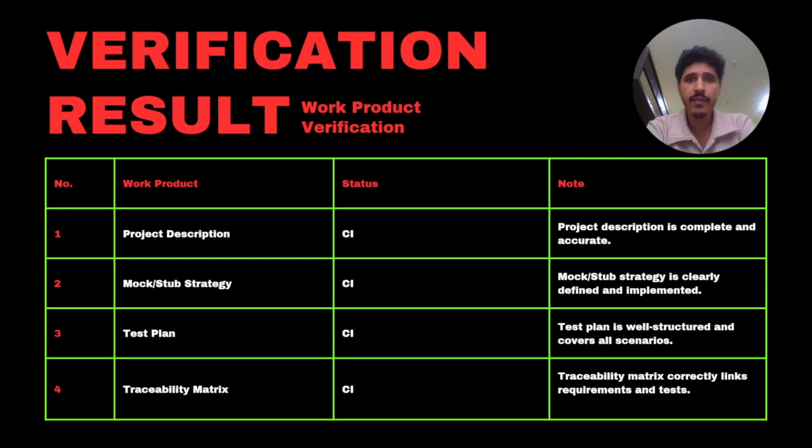This slide shows the verification of the work product. Here we evaluated the actual outputs of our work, including the project description, test plan, mock and stub strategies, and also the traceability matrix. All items are correct, meaning they meet the required quality and are completed. This confirms that both our process and deliverables are correctly implemented.